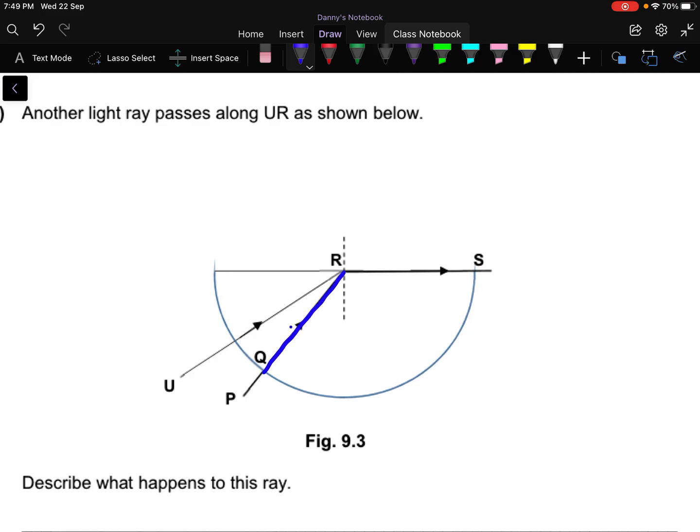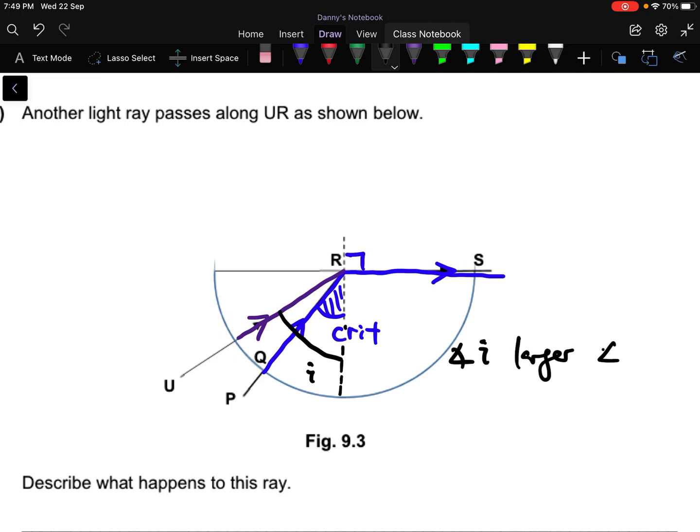So that's one. If you continue and look at your part D, you will see that for part D, you can see this ray go like that, and then after that it goes this way. That means this particular angle is already my critical angle. And now they're asking you, now I shine a ray like that, and my angle of incidence is this. So you can see that now your angle i is basically larger than your critical angle.